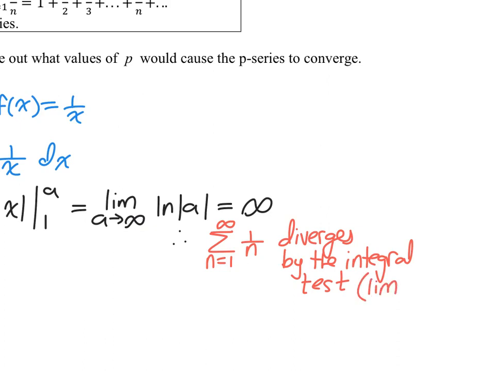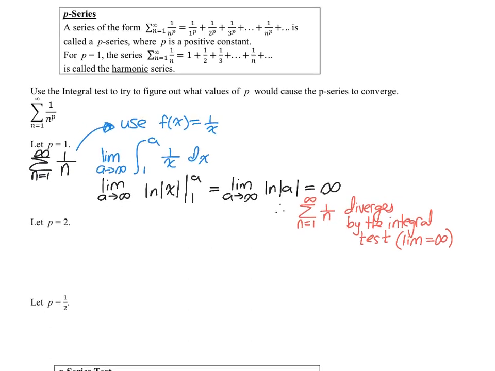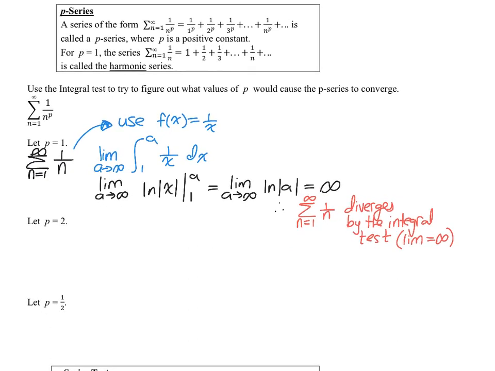And again, make some statement about what characteristic of the test is what allowed you to draw that conclusion. So what I just learned from this, and hopefully you as well, is that if the p-value is equal to 1, the p-series will diverge.